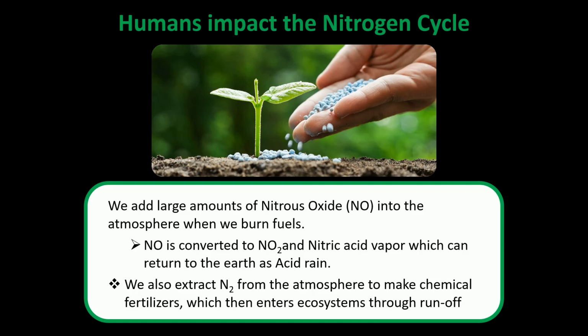It might support the growth of, say, certain types of weedy or invasive species that you otherwise might not get in that ecosystem. This also overwhelms the ability of the denitrifying bacteria to get rid of the excess, so it's going to linger around in that ecosystem for quite some time.